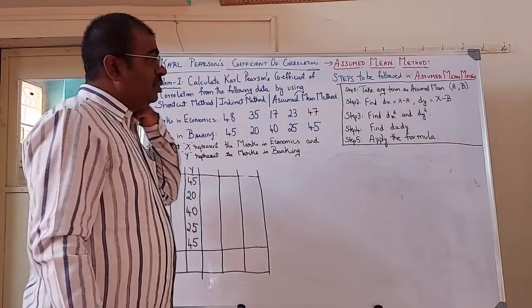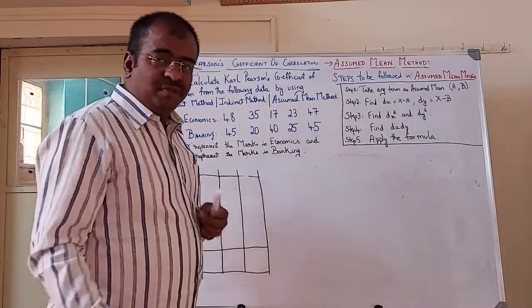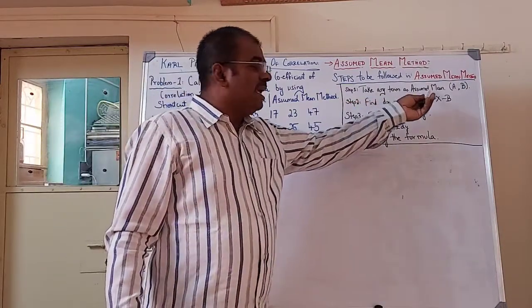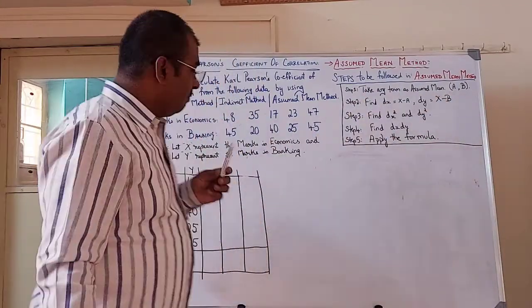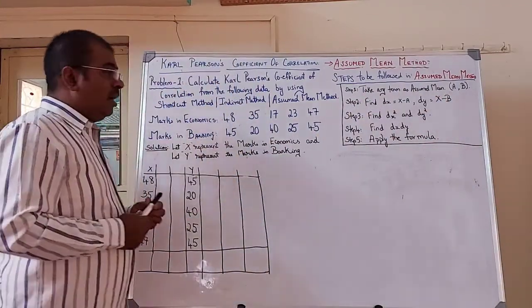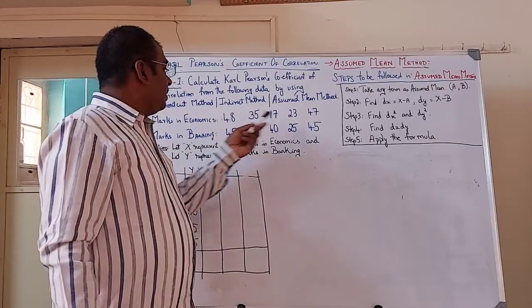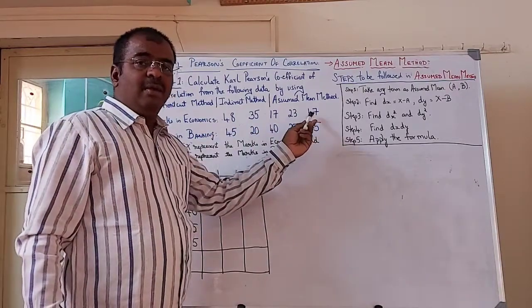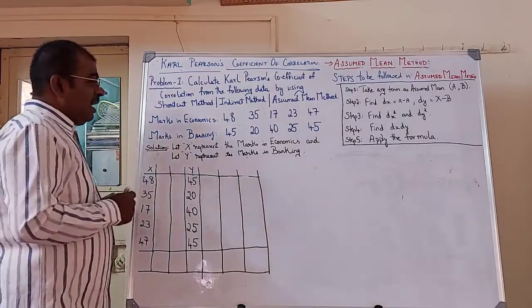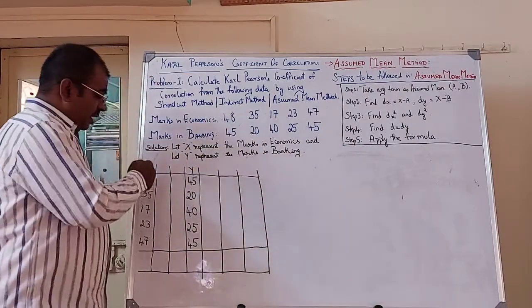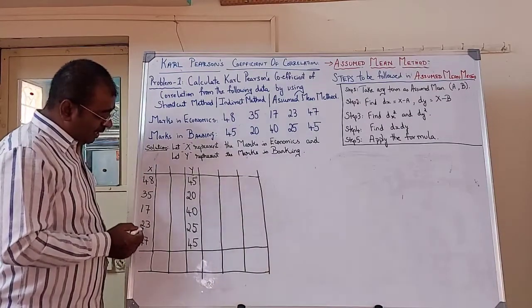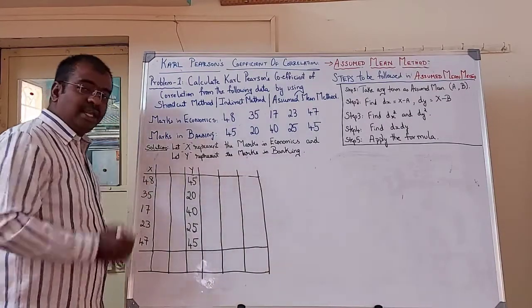Now, how do we choose the assumed mean? Which value should we choose? You can take any term as the assumed mean. Generally, we choose a value between the lowest value and the highest value in the given data. For example, in the marks secured in economics, the values are 17, 23, 35, 47 and 48.